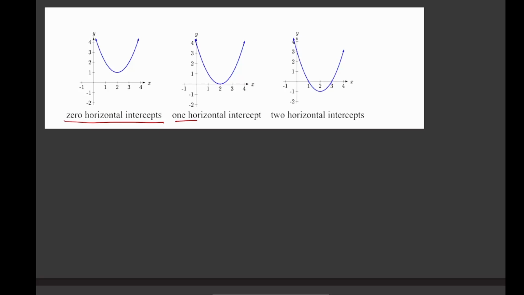Then we have 1 horizontal intercept when my vertex is the point that is touching my x-axis. We would have 2 horizontal intercepts when it touches the x-axis twice at 2 points. So a parabola or a quadratic function has either 2, 1, or no horizontal intercepts, depending on the graph and the transformation that's happening with the graph.